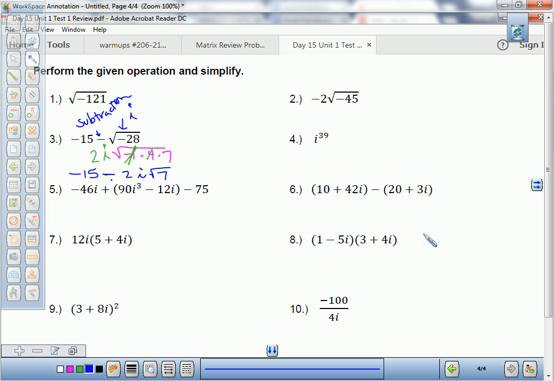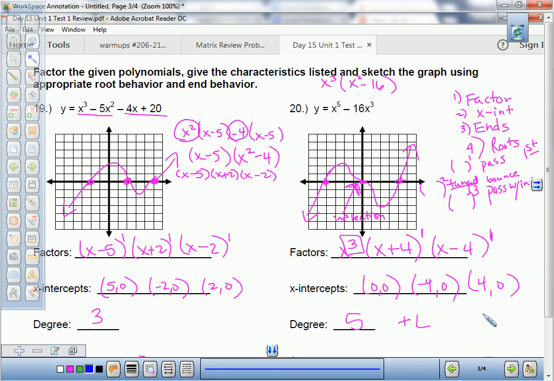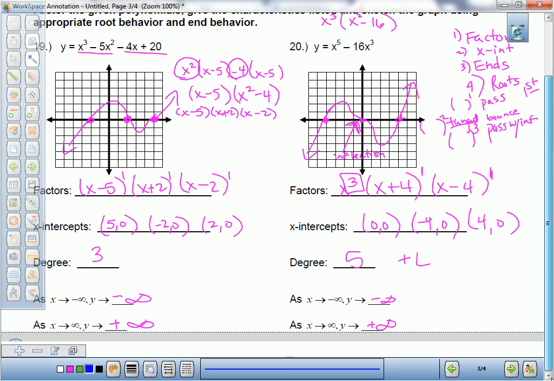So factor, x-intercepts, ends. Now we gotta see what's happening at those roots. Is it passing, bouncing, or passing with inflection? So the negative 4 and the positive 4 were to an understood first power, so it's going to pass straight through. But the 0, 0 was to the third power, so it passes with an inflection. So you need to make it squiggly.